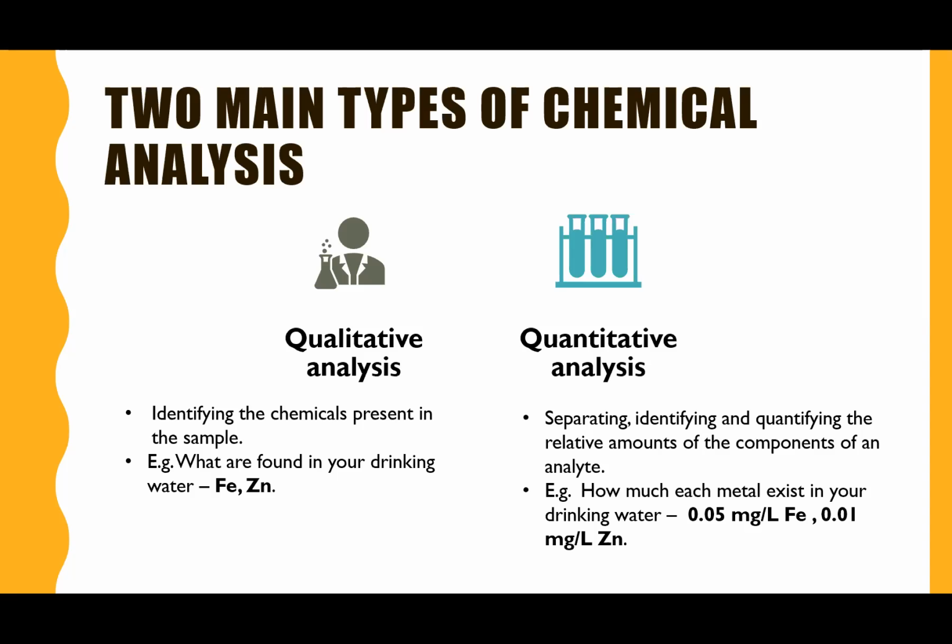In this case, we are going to quantify it in terms of concentration of iron, which is 0.05 milligram per liter, and concentration of zinc, which is 0.01 milligram per liter. Okay, so qualitative analysis is about identifying what is present in your sample, and quantitative analysis is about how much of the analyte exists in your sample.